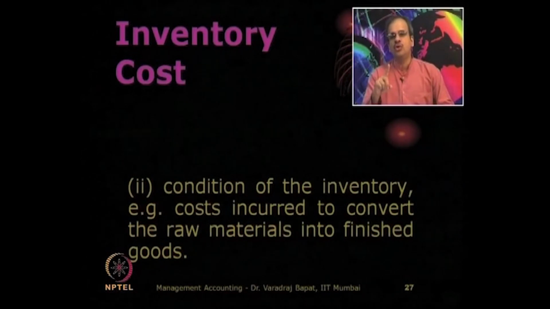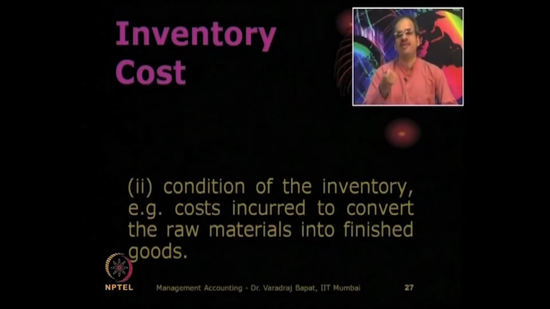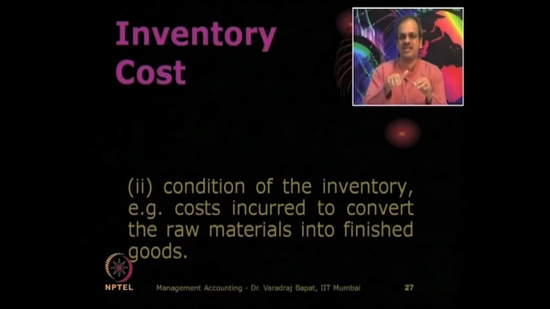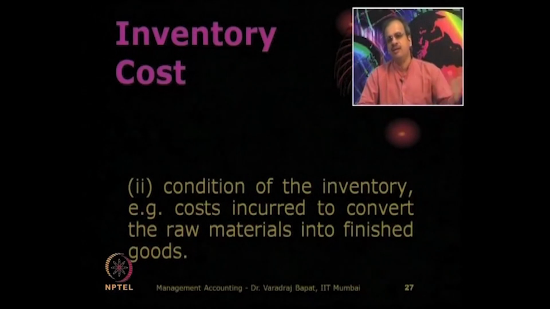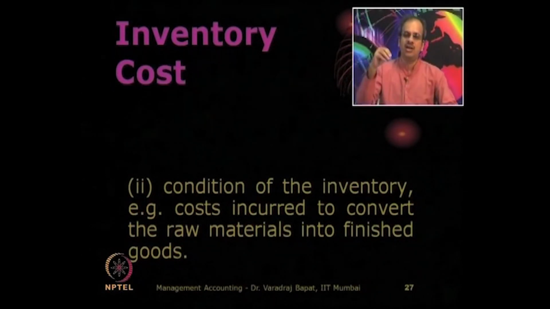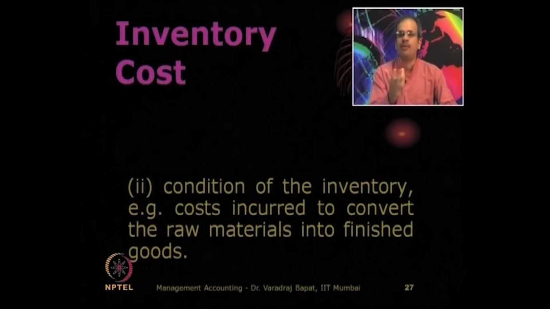It will also include those costs which are incurred to change the condition of inventory. For example, if I have purchased raw material and I process it, I incur labor, I incur the cost of electricity, and I incur the cost of various items which I may add, or the packing which I provide.